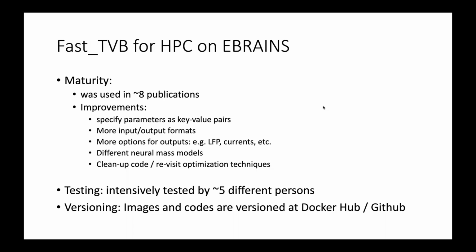So this was me and 4 authors of papers, basically, which used this code, at least that I'm aware of. Then versioning is achieved by giving the Docker images and the source codes version numbers at Docker Hub and GitHub, and letting these older versions also remain as legacy versions in these repositories. And that's the end already.